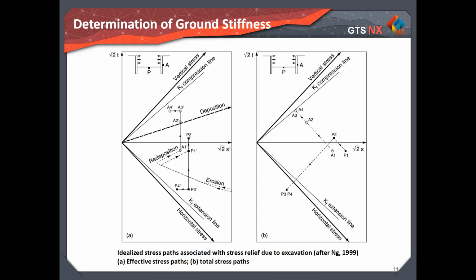Special triaxial equipment with local transducers mounted on the specimens is necessary. If stiffness values at strains lower than about 0.001% strain are required, then data from equipment such as the resonant column or bender elements are needed.